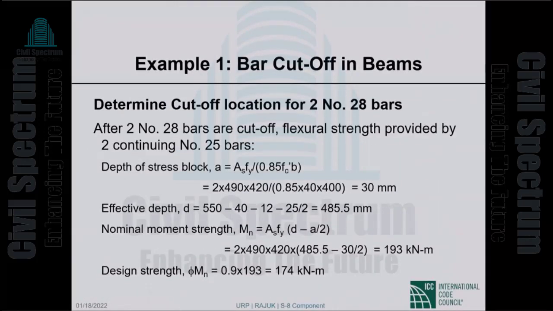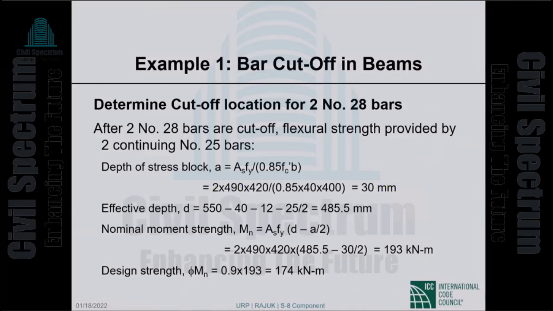After two number 28 bars are cut off, the flexural strength provided by the two continuing number 25 bars has to be calculated. So we calculate the stress block depth for the remaining two number 25 bars. That comes to 30 millimeters.